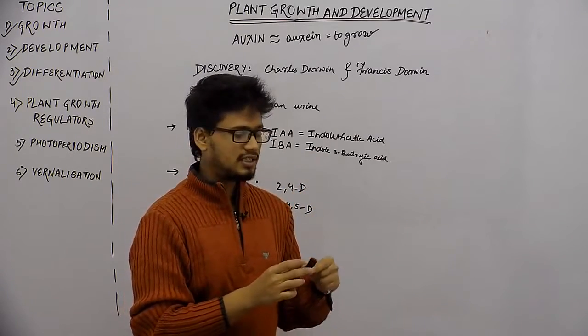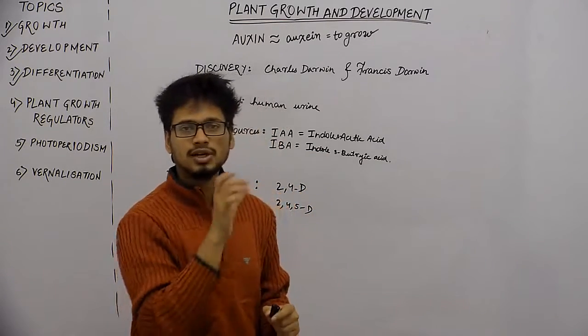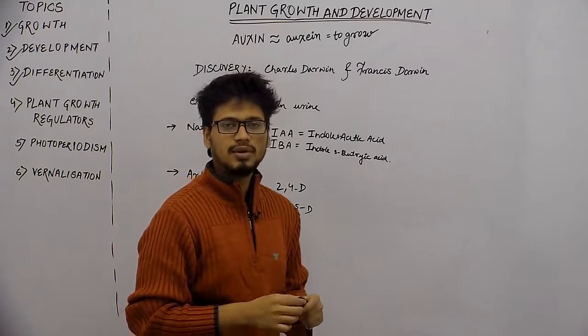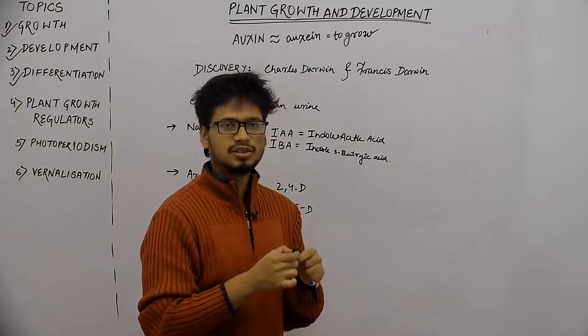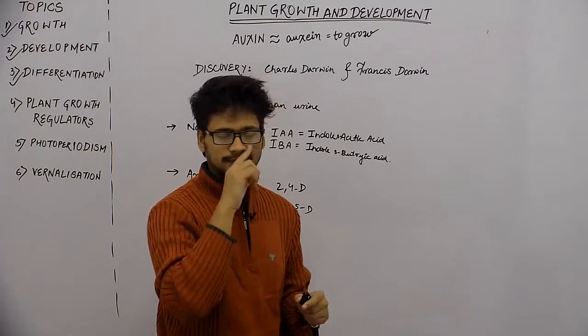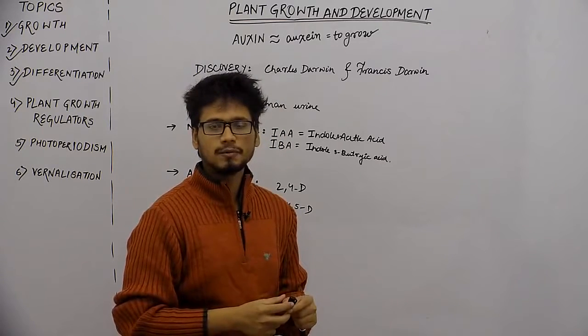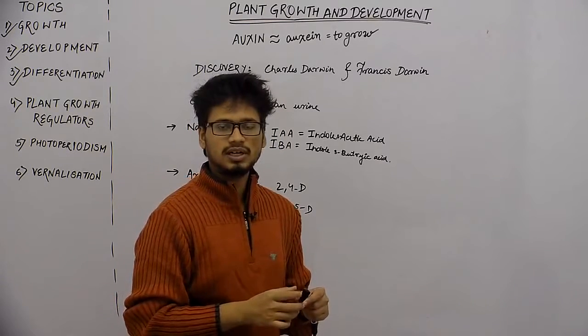Next, he took this tip and placed it on an agar block. In the agar he allowed the chemical, that is auxin in this case, to diffuse into the agar block. As soon as it diffused, all the auxin molecules concentrated in the agar block.